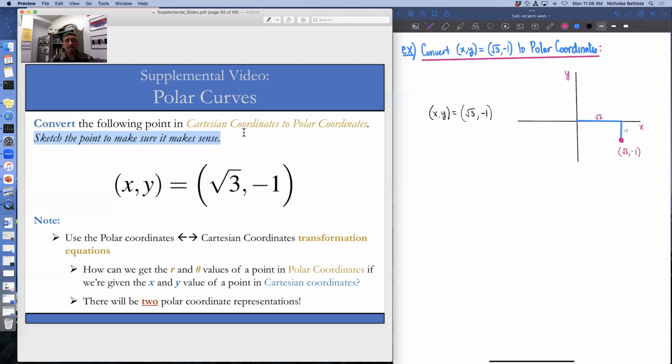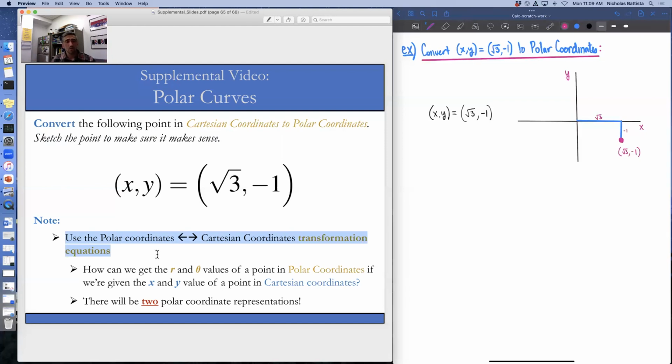All right, so that being said, we know where the polar points should take us at the end of the day, at least in what quadrant. That information will be coming in handy in a little bit. Otherwise, how we make moves from here is we want to use our polar coordinate Cartesian coordinate transformation equations, or how we can convert back and forth between coordinate systems, going from x and y to r and theta, or r and theta back to x and y.